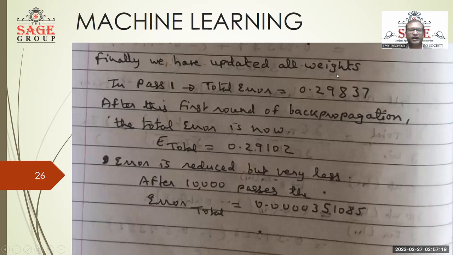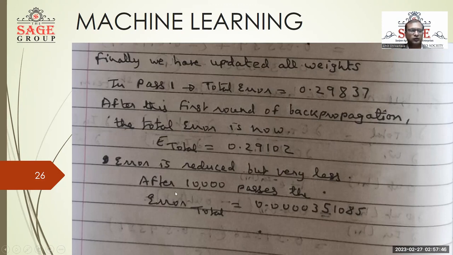So finally, we have updated all the weights, and then we again calculate the final error. In pass 1, the total error was 0.29837. Now with these updated weights, when we calculate using the same formula, we get the error as 0.29102. So we can see that it has reduced a little bit.